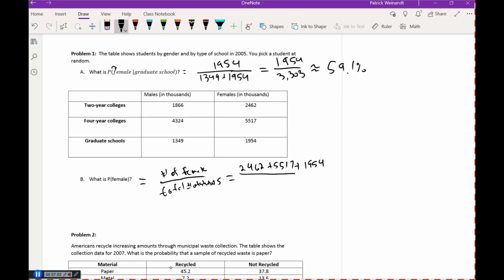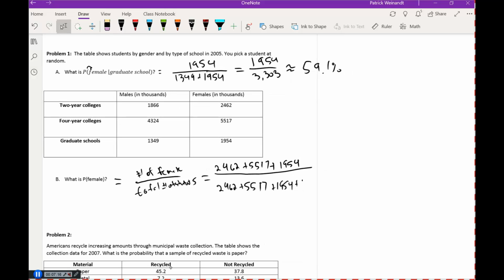1,954 over, and then we add everything together. It's going to be the same thing in the denominator, plus all the male students to get the total number of students.